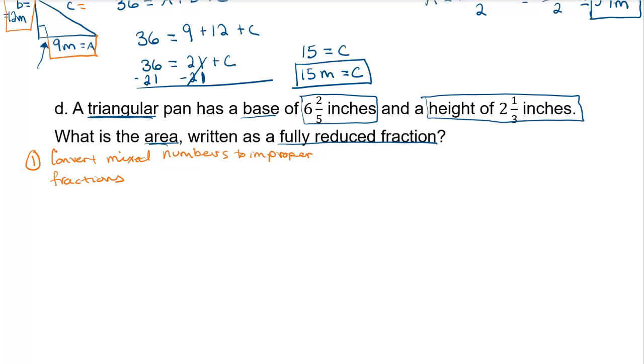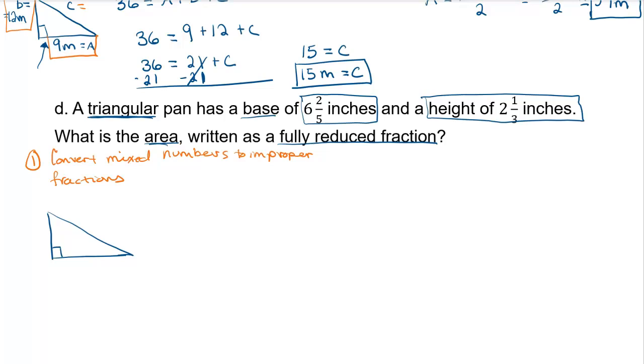So let's see, triangular pan. So I'm going to go ahead and draw a triangle. Now I didn't specify a right triangle, but I'm just trying to show visually what this question is telling me. It doesn't matter whether I do this or whether I do a triangle with that line that goes from the top down to the base. Either way is totally fine.